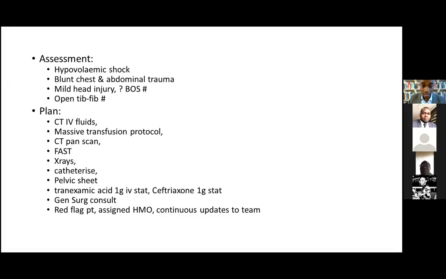We ordered tranexamic acid and ceftriaxone for the open fracture. We consulted the general surgeons, and the patient was red flagged. We assigned an HMO to make sure that the patient is resuscitated, as well as to continuously keep the entire team up to speed on all developments.